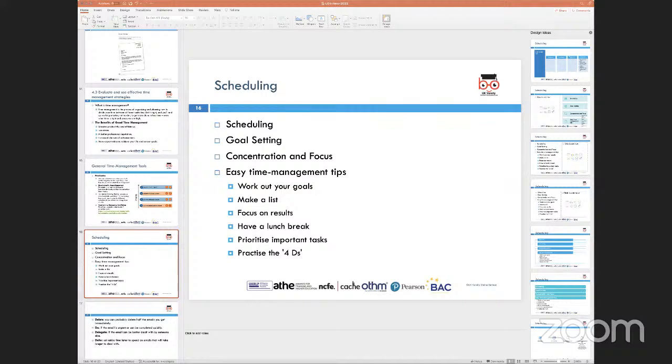Then we look at concentration and focus. Sometimes it's not good to concentrate on too many activities, doing too many tasks at one time, which is what we call multitasking, and this can have an opposite effect. So if you know what tasks are urgent and what tasks are important, then we need to concentrate and focus on those tasks which are important, which are going to directly contribute to the success of my own goals.